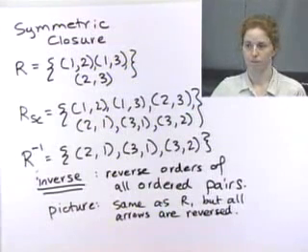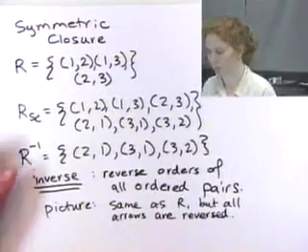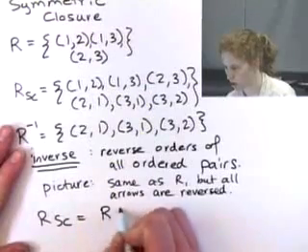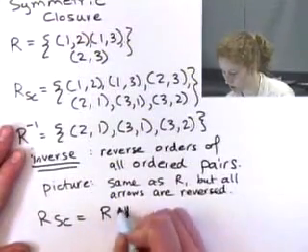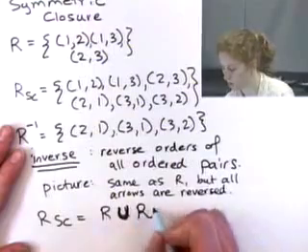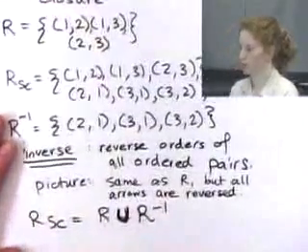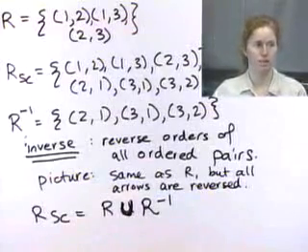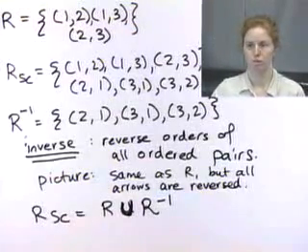It's the union, right? These are sets. I have to take the union of them to put them together. So the symmetric closure is R union R inverse. That's the set that we believe is going to be the symmetric closure.